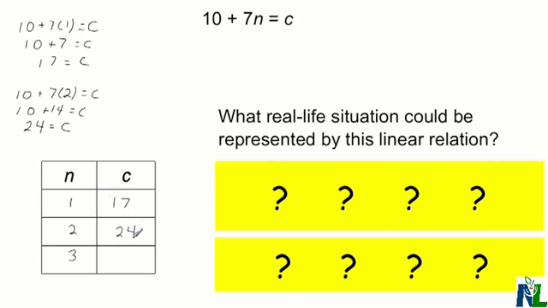Finally, we will substitute 3 for n. Again, completing the multiplication first. If n is 3, c is 31.